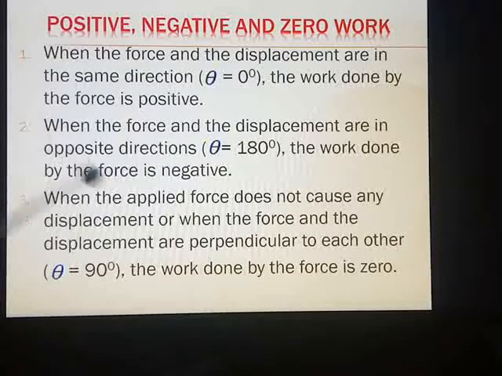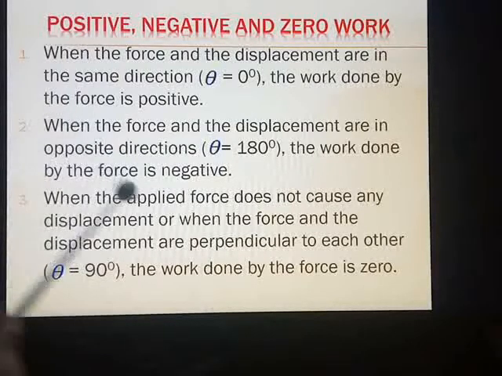And the third case, when the applied force does not cause any displacement. A heavy stone is lying on the ground floor, and you are trying to push it very hard with your hands and legs, but there is no displacement, no movement seen in that stone.